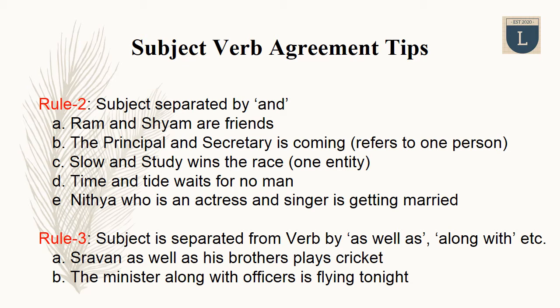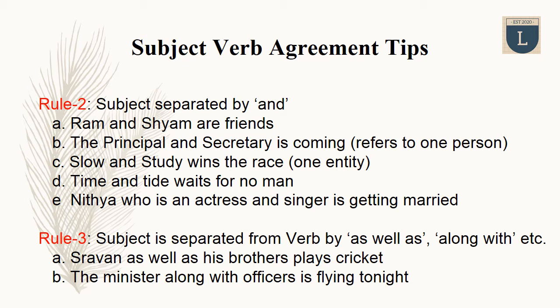That's why it takes a singular verb. Suppose there is a 'the' before secretary, meaning 2 different people, then we should say 'are coming'. Now understand, when the principal and secretary refer to one person, a singular verb is used. So: the principal and secretary is coming.